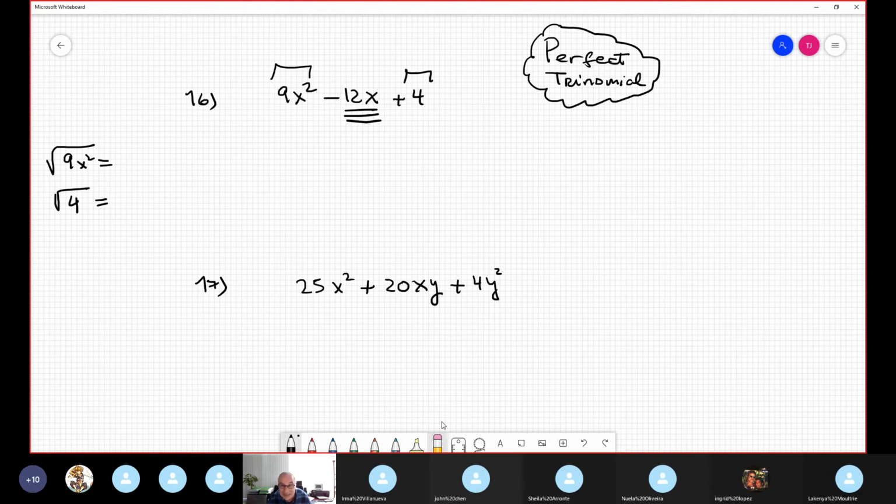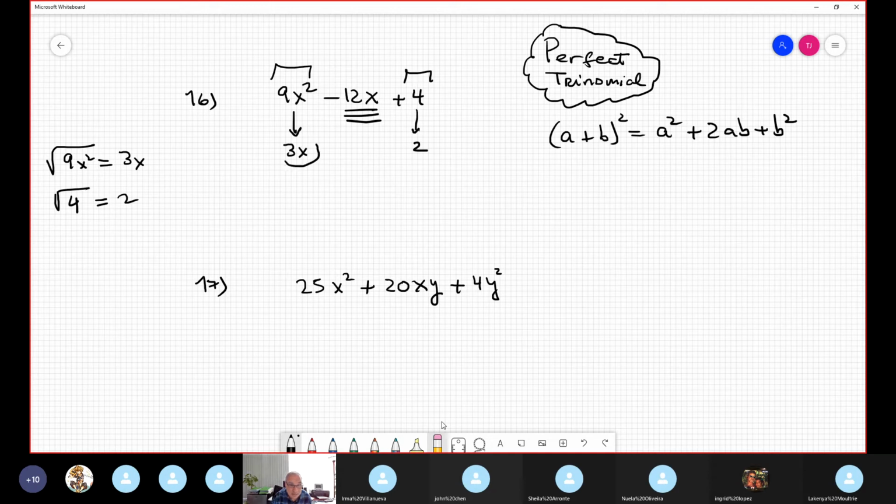Remember, perfect square is a plus b squared equal to a squared plus twice ab plus b squared. This is the formula for the perfect square. But don't worry about the formula. Look, the square root of this guy is 3x. The square root of this guy is 2.